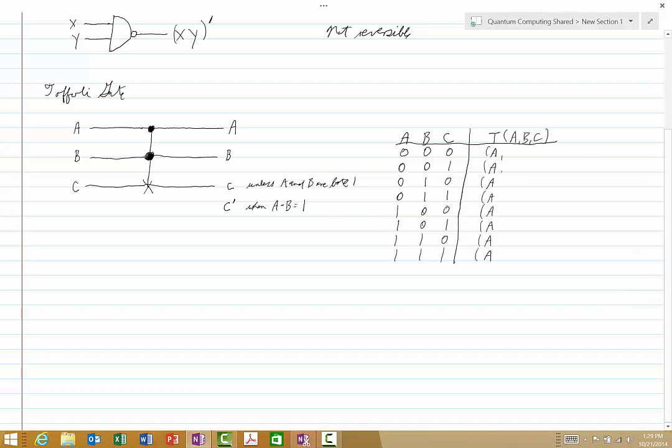So this is going to be a triplet. We're giving all three of the outputs.